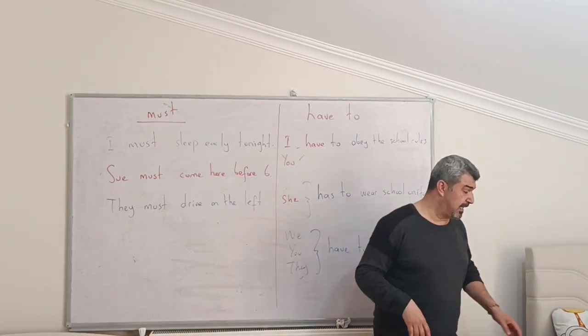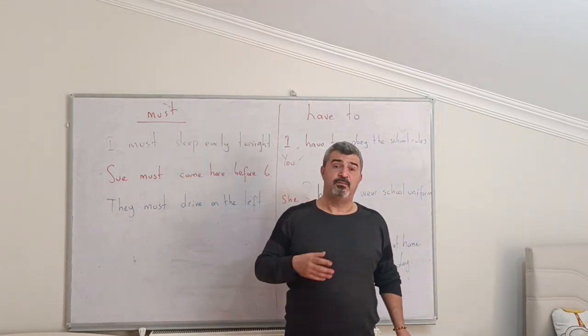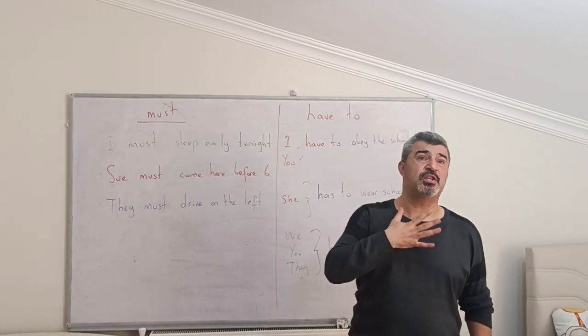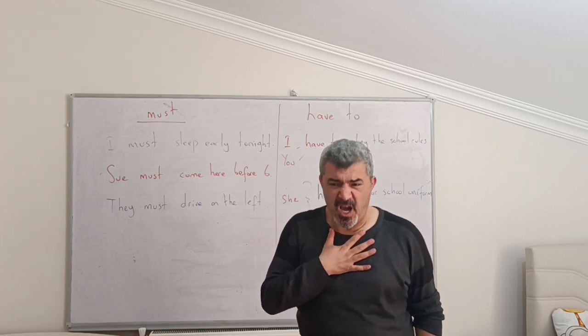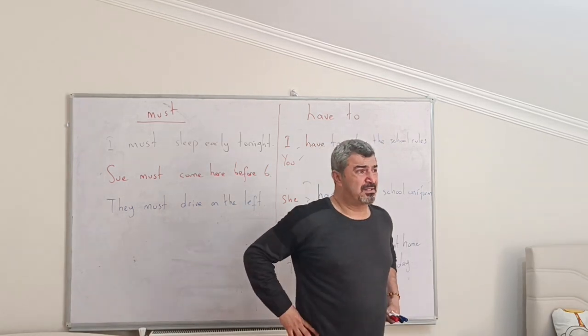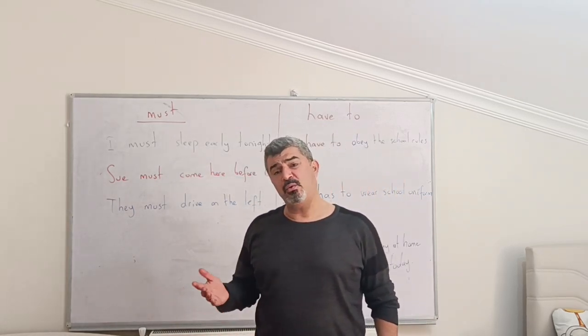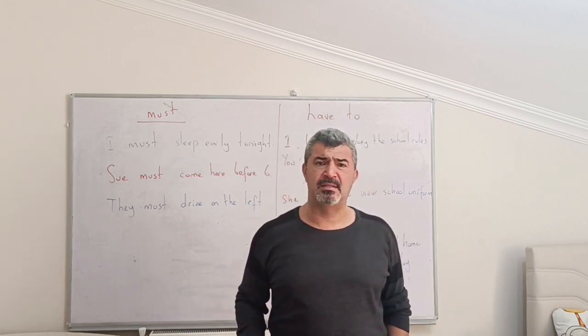So when we summarize, we can say that must is for the necessities, the obligations that come from our inner side. We think that I must help my mother because my mom is old. I must sleep early because I have got an exam tomorrow. Or she must apologize.